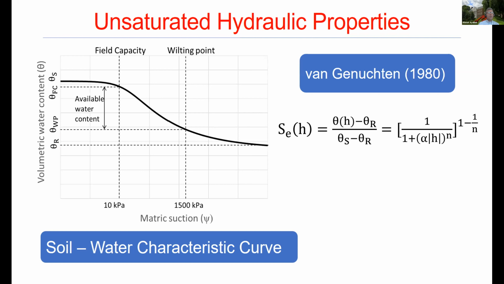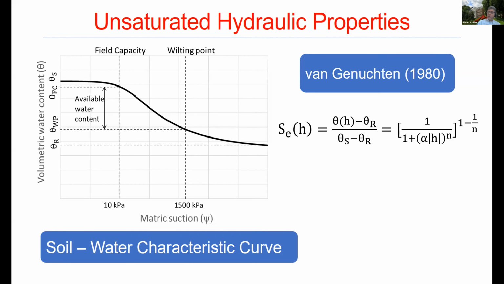At these levels, we can determine the field capacity water content or wilting water content at the wilting point, shown with the theta values on the y-axis. The difference between the water contents determined at field capacity and wilting point is called the available water content.